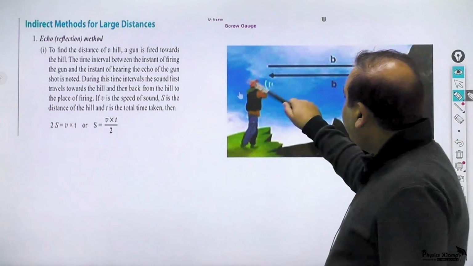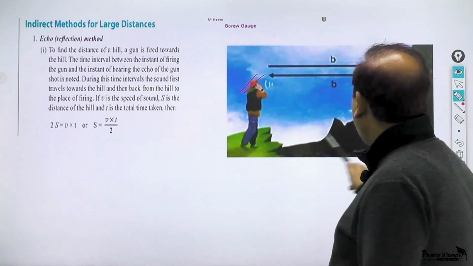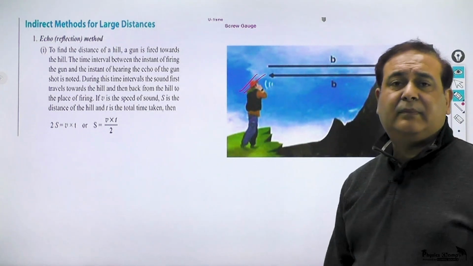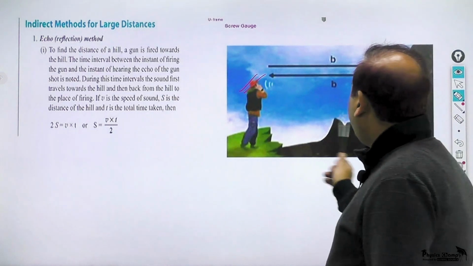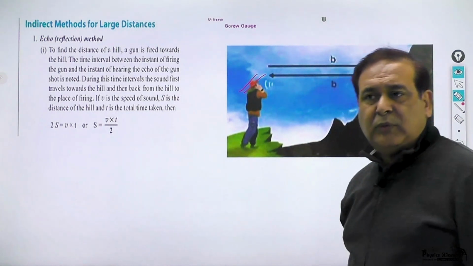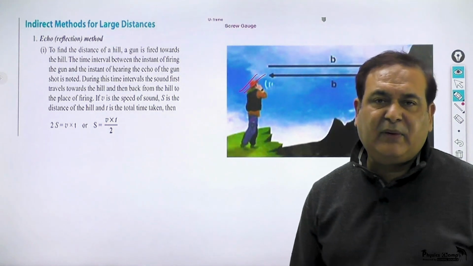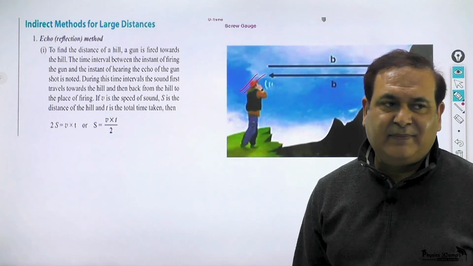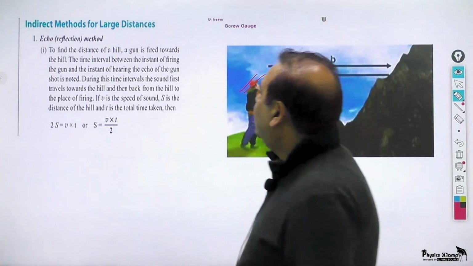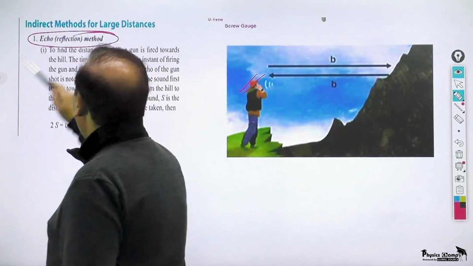So you are standing here and there is a mountain at a gap, and you do not have a scale with you, or even that scale is not able to serve the purpose because the gap is too much. There we are going to use the echo method or reflection method.